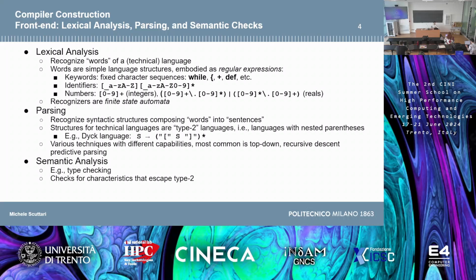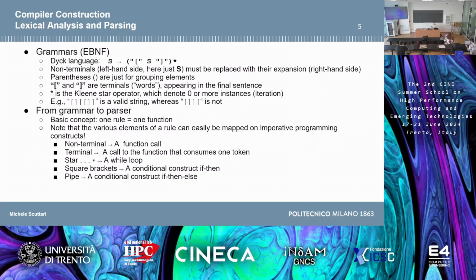What does it mean? It means that we take the rules of our language, which define the expansion of a non-terminal, so a letter that is not part of the actual language. Here we have the same Dyck language.